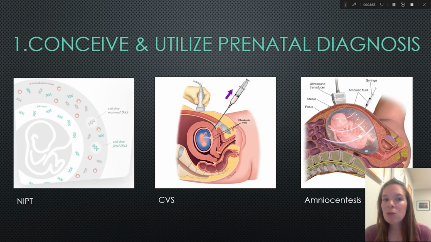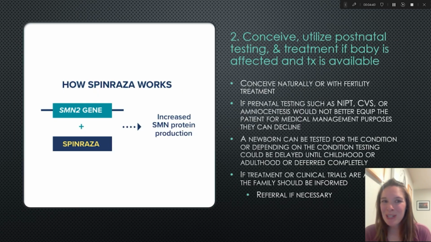And then to know the ins and outs of how to explain CVS and amniocentesis. It will also be important to know any state laws in the areas that you practice and whether that is going to limit the possibility that a patient have a termination if she desires one after having her amnio or CVS.